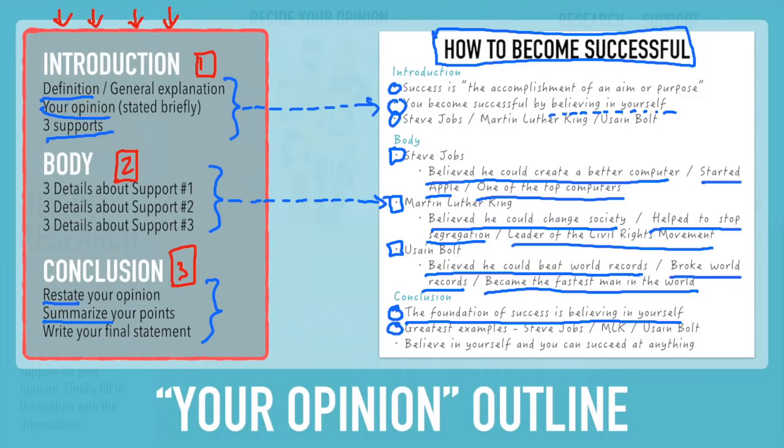The greatest examples are Steve Jobs, MLK, Martin Luther King, and Usain Bolt. I've summarized them. And finally, write my final statement. The last thing that I want to say, that you want to say. Believe in yourself and you can succeed at anything. Now, this is the outline I'm going to use to write my essay or my paper talking about my opinion.